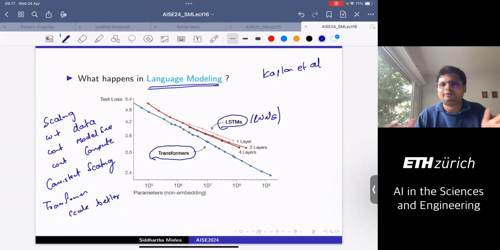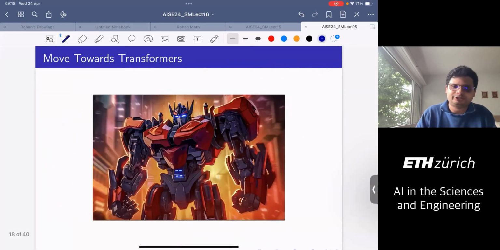If you have more data and a bigger model size, they are able to use the compute better. These considerations in language modeling, coupled with the observations we saw in the last couple of lectures, that there is this consistent scaling, inspire us to move towards transformers.